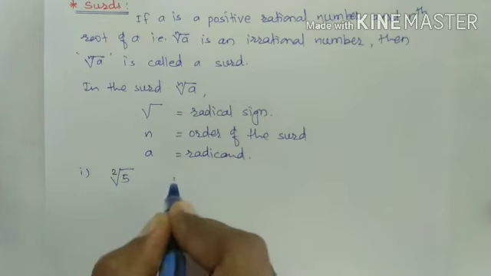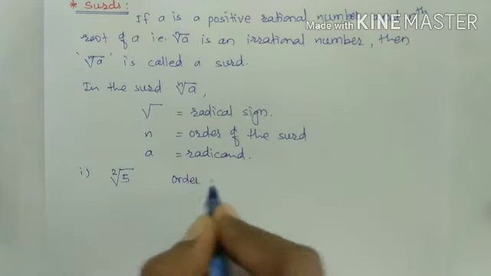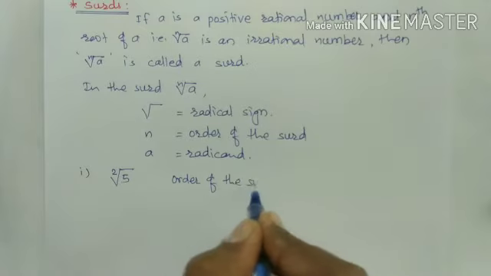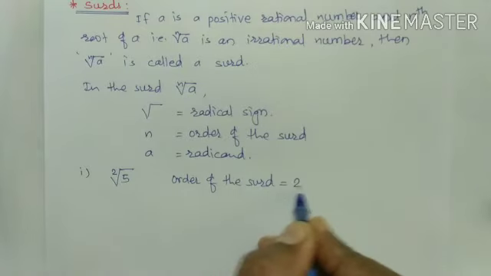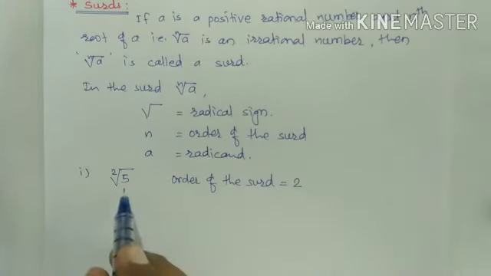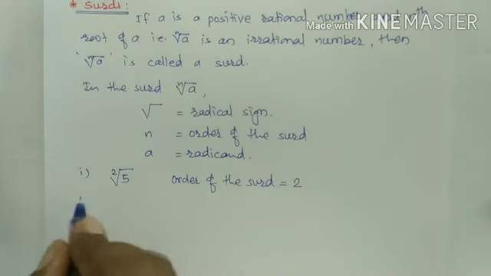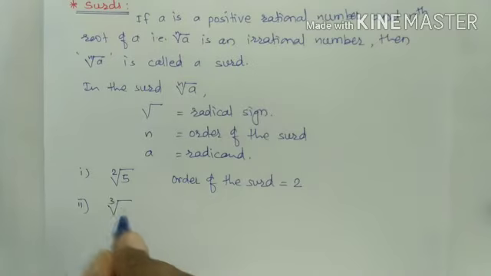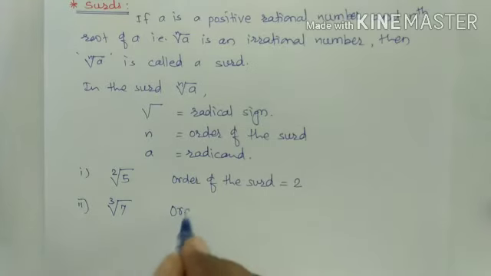Here the order of the surd equals 2, radicand is 5. Now see, this is another example, cube root of 7. Here 7 is a positive rational number, but cube root of 7 is an irrational number. Therefore this is an example of surd having order 3.